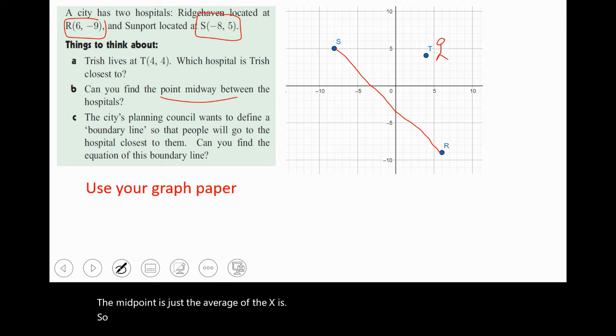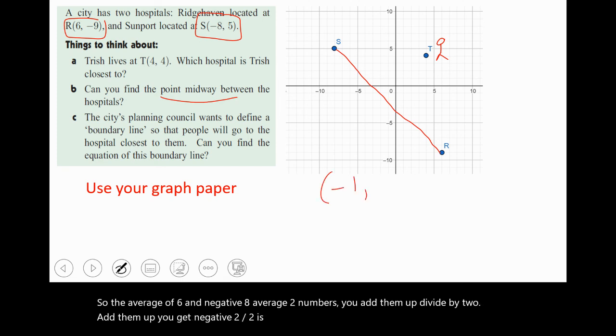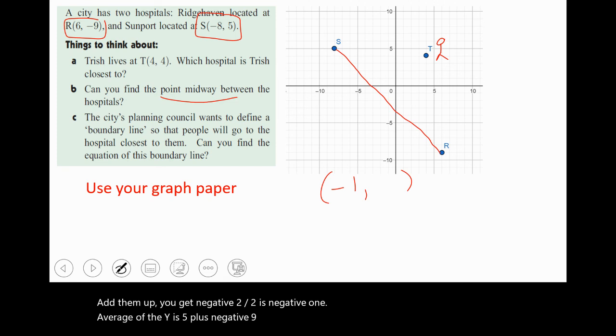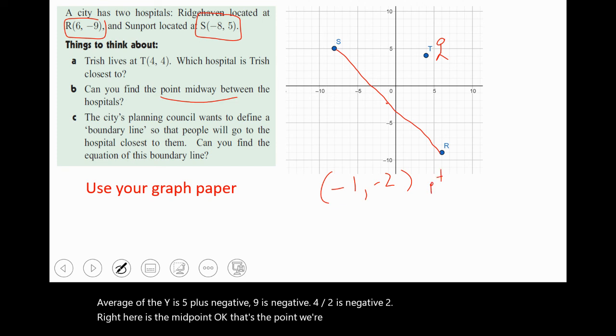So the average of 6 and negative 8: to average two numbers, you add them up, divide by 2. Add them up, you get negative 2, divided by 2 is negative 1. Average of the y's: 5 plus negative 9 is negative 4, divided by 2 is negative 2. So right here is the midpoint. Okay, that's the point we're going to use to find this dividing line.